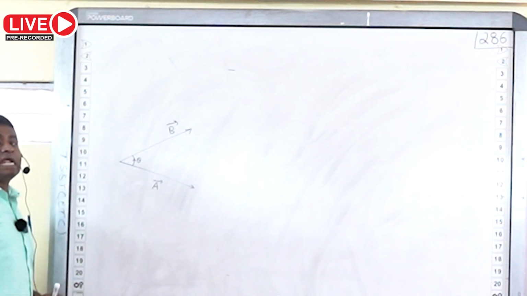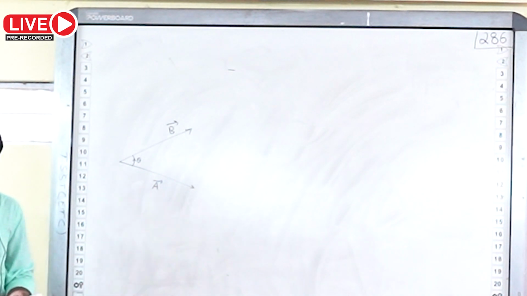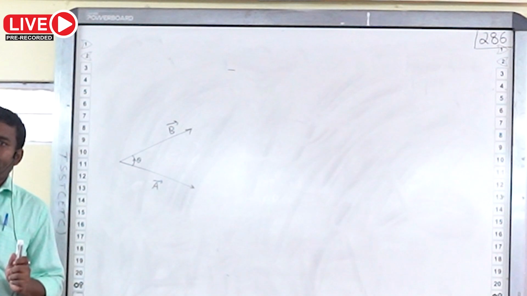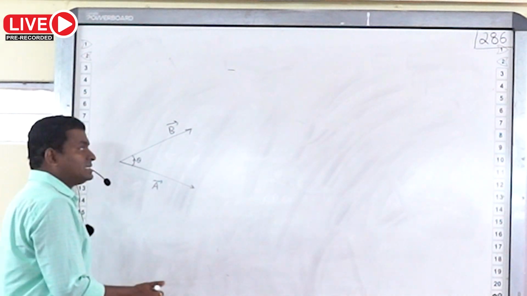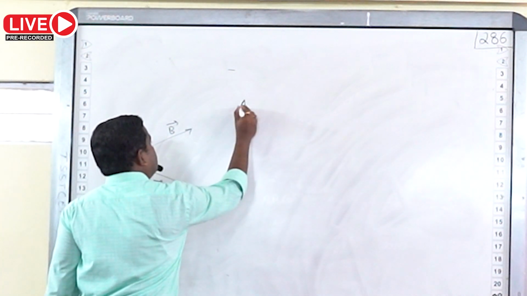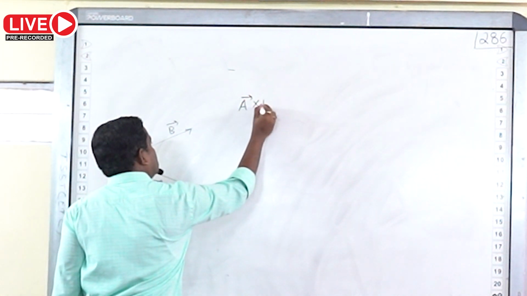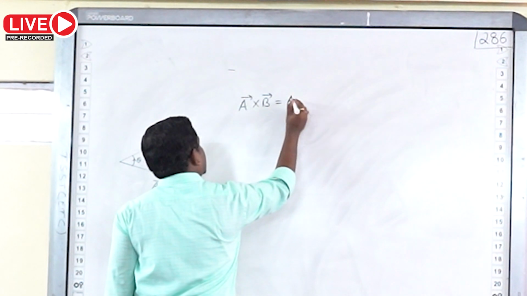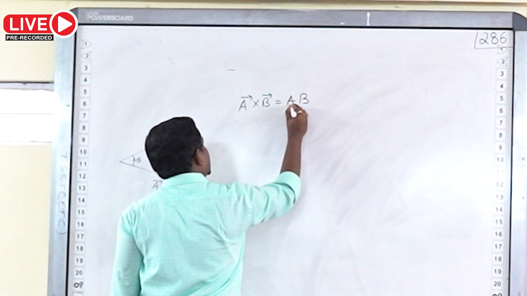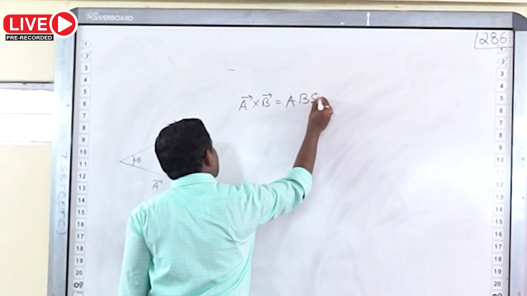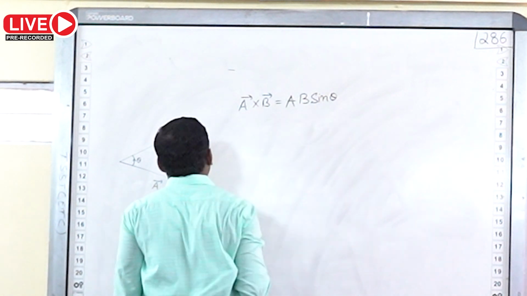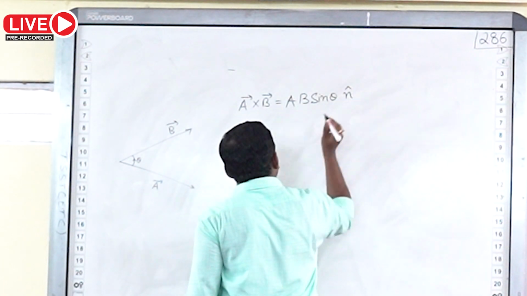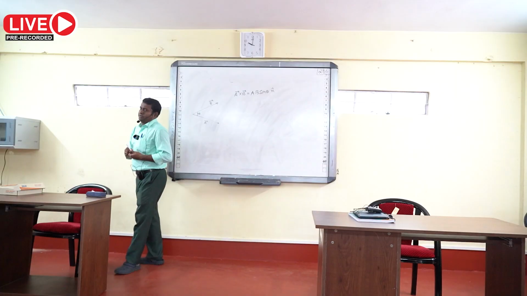That direction is defined as the direction of the cross product of A and B, and it is defined as A cross B equal to magnitude of A, magnitude of B into sine theta, where theta is the angle between them, and there is this symbol n cap.